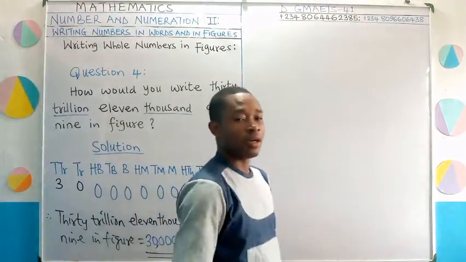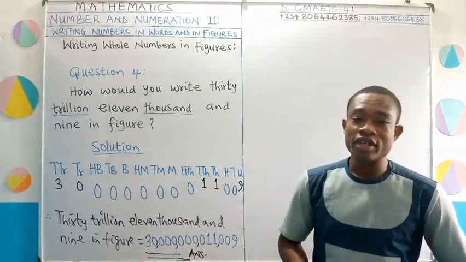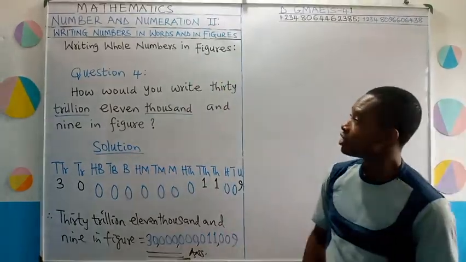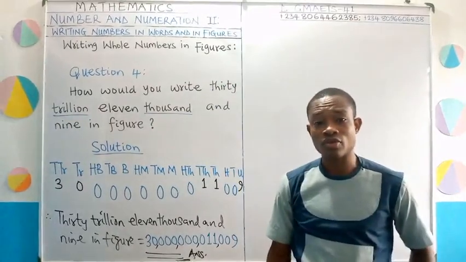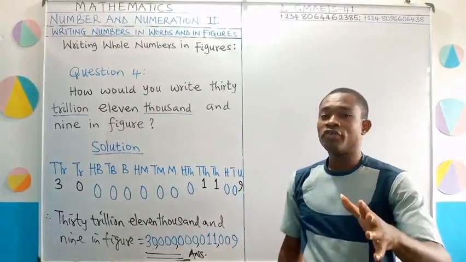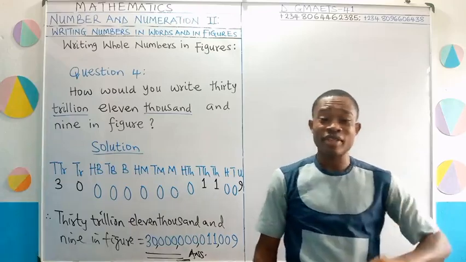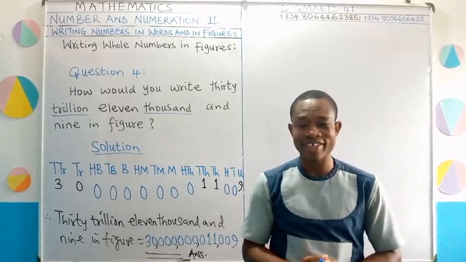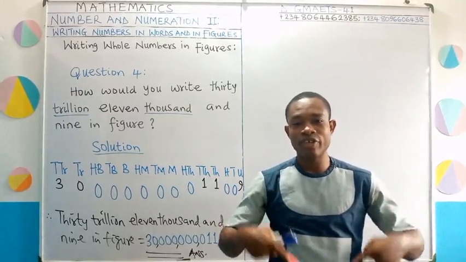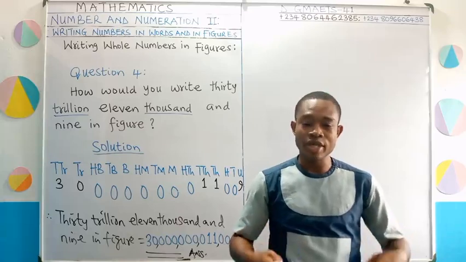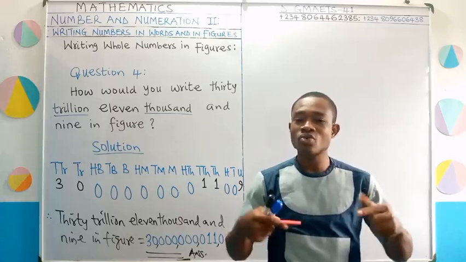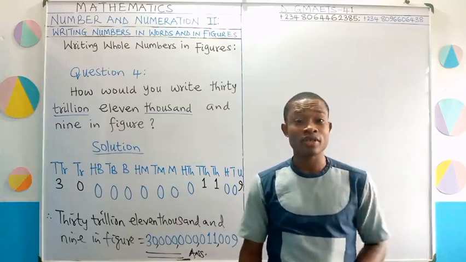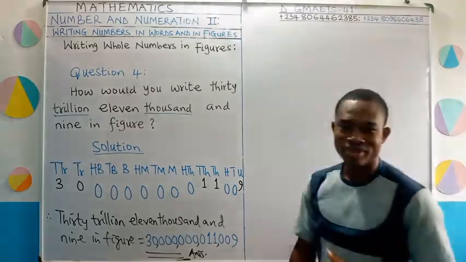So, do you think you understand everything that has been taught so far under writing whole numbers in figures? If you think you understand everything after watching these videos over and over again, below this video lesson you have a quiz. The quiz covers writing numbers in words and writing numbers in figures. 10 questions, as usual.